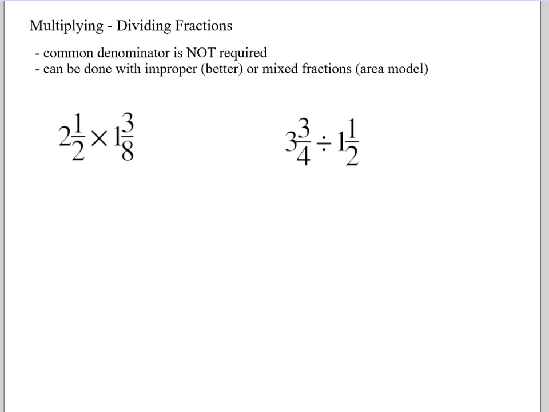Multiplying and dividing fractions, we do not need common denominators. If they're there, great. You can do this with mixed fractions, which require an area model, or you can do it with improper. Again, I prefer improper. I find that it's just much easier, so I'm going to convert these to improper.